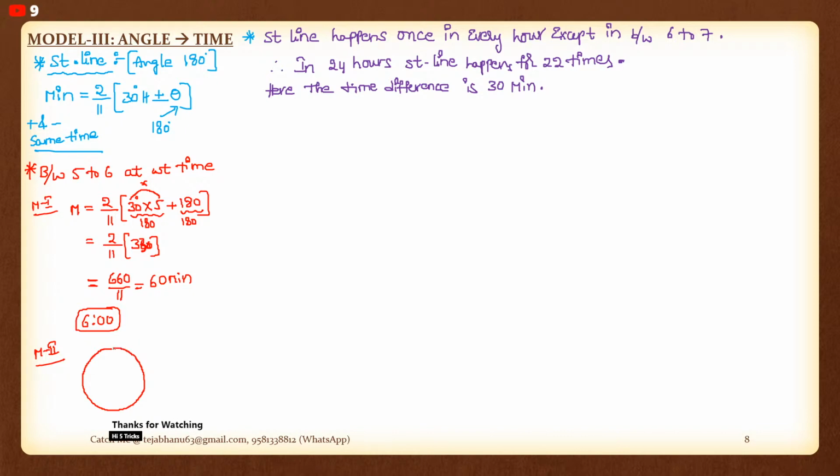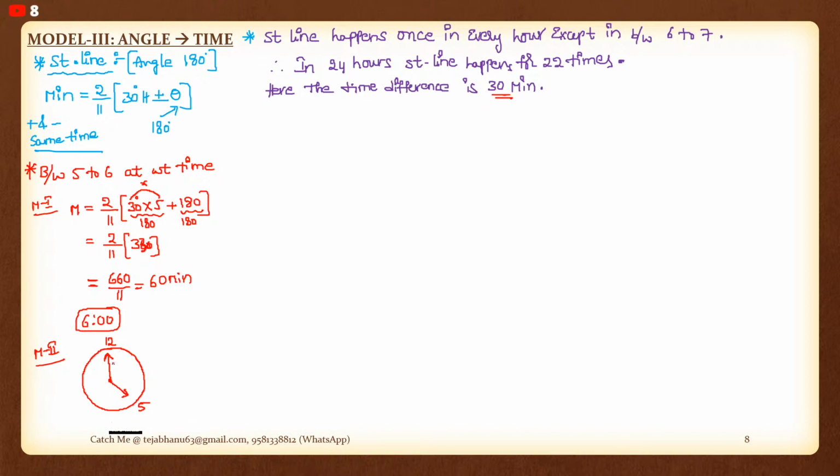If you consider a clock, see, 5 p.m. appears like this. We know that the time difference is 30 minutes.